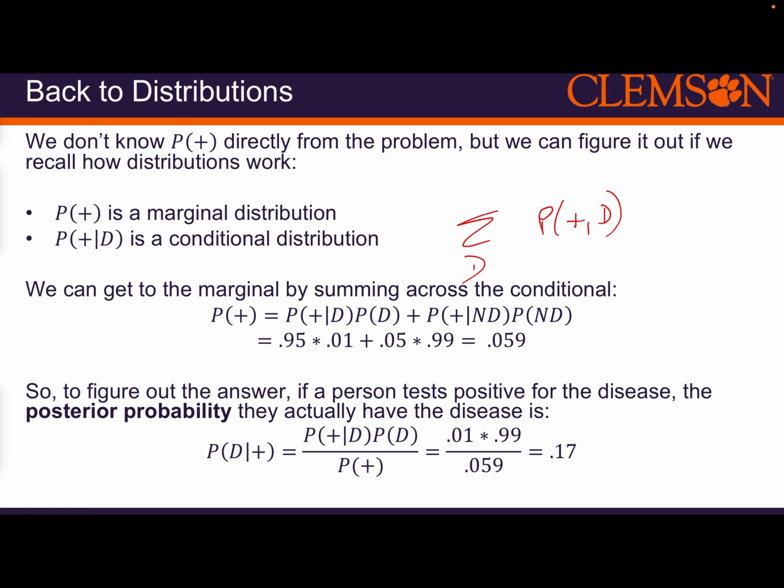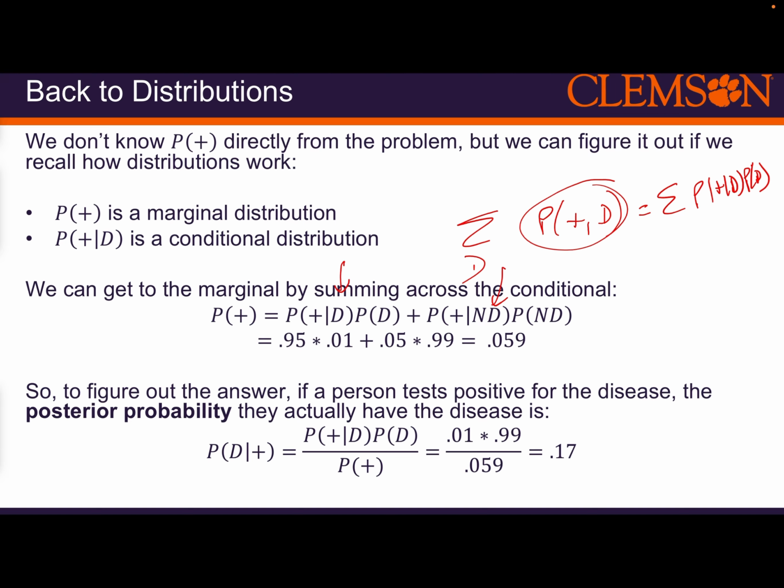That substitutes for this joint distribution. The sum goes over the probability of the conditional, positive given disease, times the prior probability of disease itself. This disease has two states. Someone can have the disease or not have the disease. That's where the sum takes its form over.